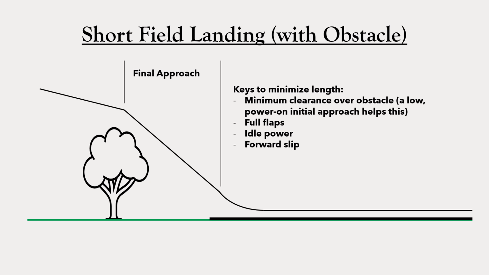Some aircraft do not allow you to use full flaps and forward slip together. Some aircraft have limitations on doing that. So you need to know if you're in one of those aircraft and know which thing will be the most helpful to you, the full flaps or the forward slip.